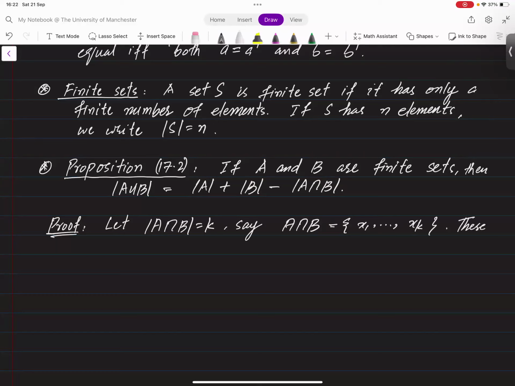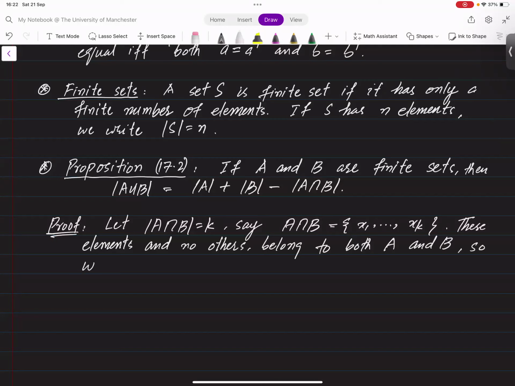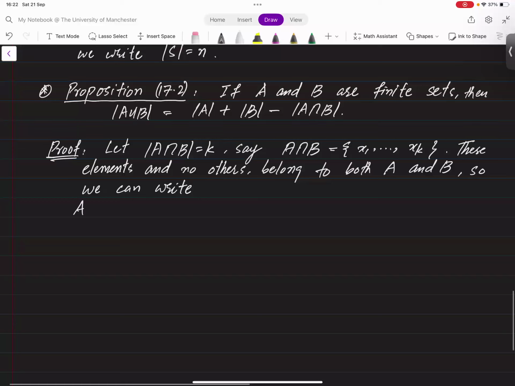Now these elements and no others belong to both A and B. So we can write that A has first all of these k elements, then it has some other a1 to aL.